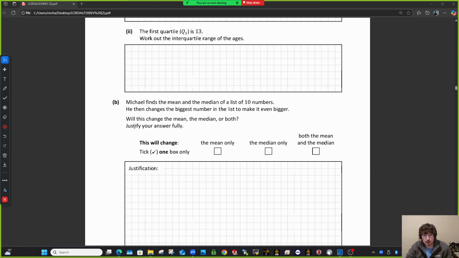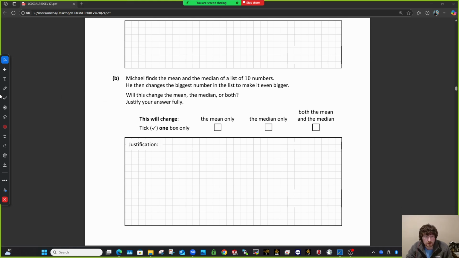Right, this was very soft as well here, just an understanding of who would not change. So for the median, if the number that changes is already the biggest number, it stays in the same position all the way out at the end. So the median would remain unchanged there, and the mean would be the one to change, because the mean would have to be recalculated with the sum of all the numbers divided by 10.